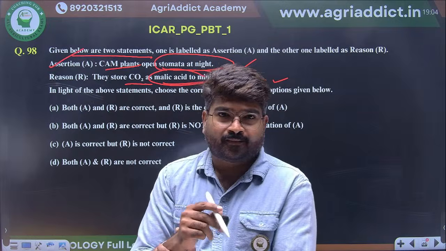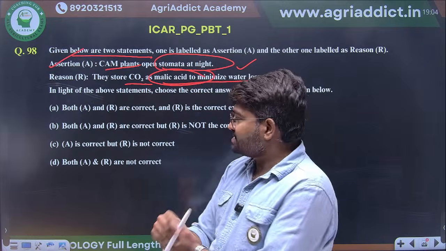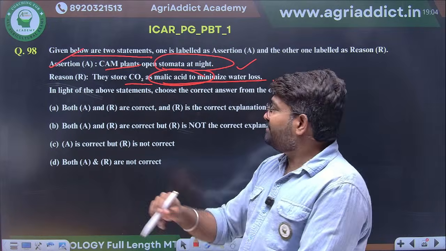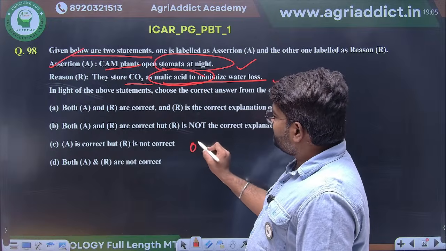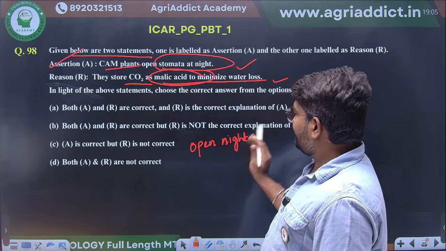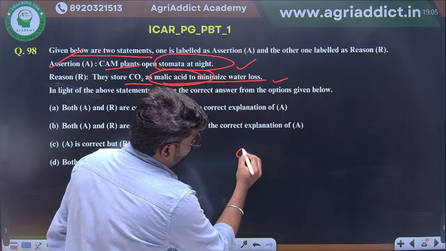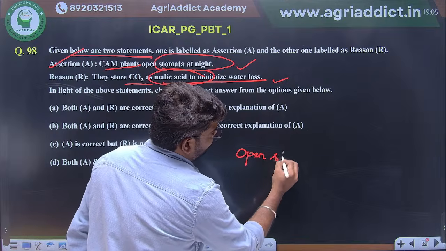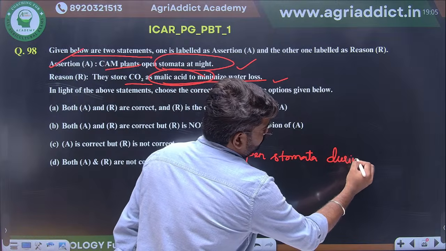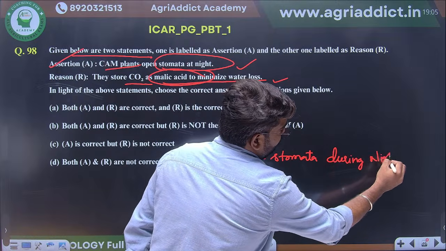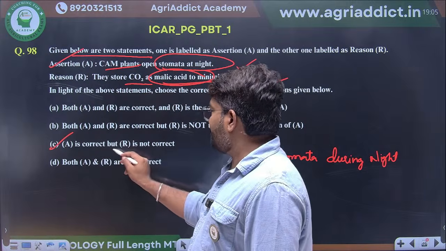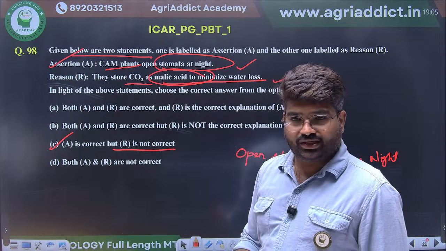No, they will open the stomata during night time to prevent the water loss. So only one statement is right. A is correct, but R is incorrect. Understand this, students?